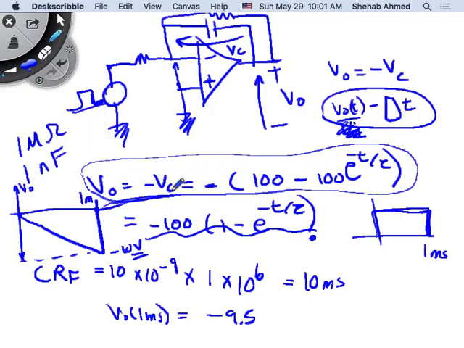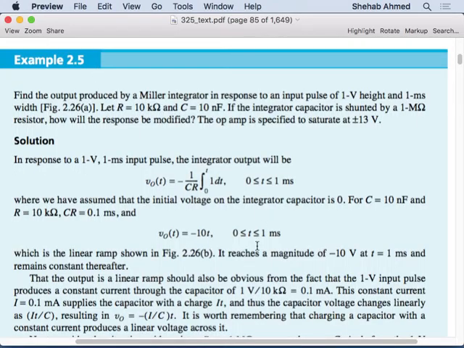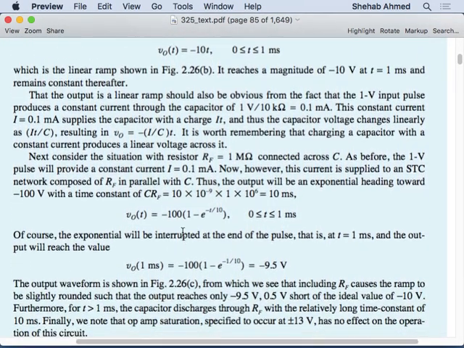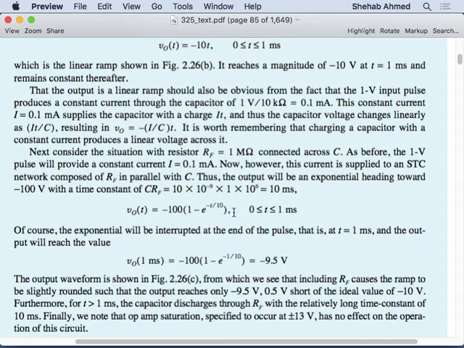Now I have a different expression for the output voltage. What do you think the output will look like? We said that at 1 millisecond, instead of minus 10 volts, it's going to go down to minus 9.5 volts. Why? Because we substituted here. This is the output voltage equation that we derived.